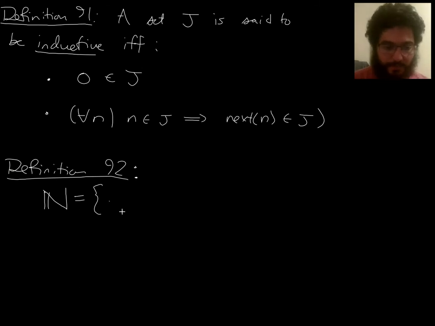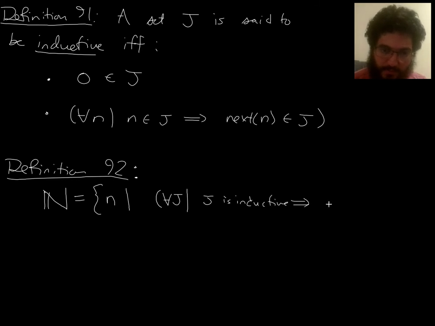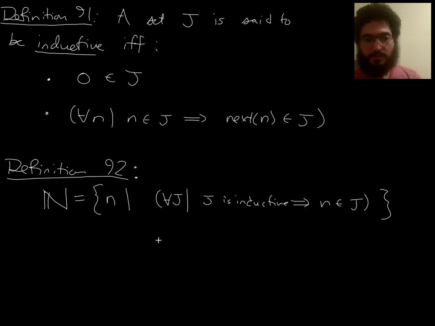So the set of, let me use the symbol little n, since that's a common choice of variable for this purpose. The set of little n's such that if you take any J that is inductive, then n is in there. N needs to be in there for J to be inductive. So this is the collection of all of those things that are needed for inductiveness.